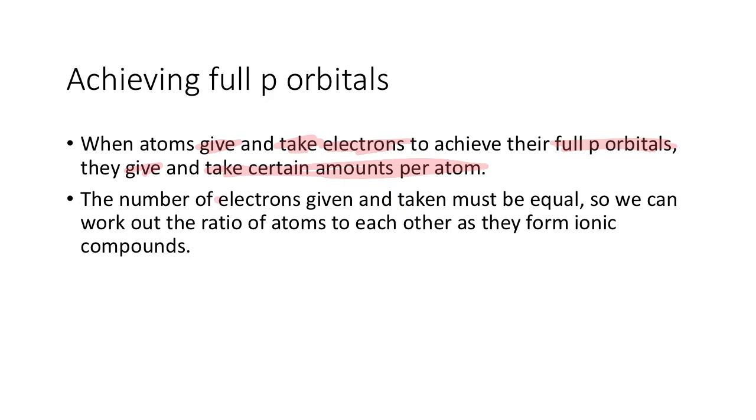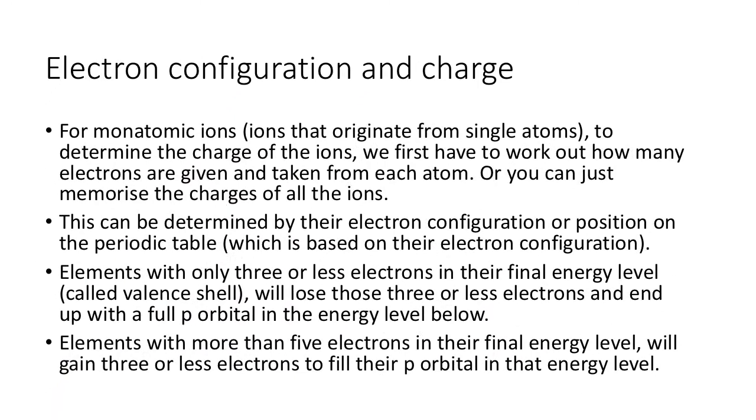The number of electrons given and taken must be equal, and we'll get to that later when we put them together, so we can work out the ratio of atoms to each other as they form ionic compounds. To make sure the number of electrons given and taken is equal, we have to know what their charges are and how many electrons they're giving and taking away.